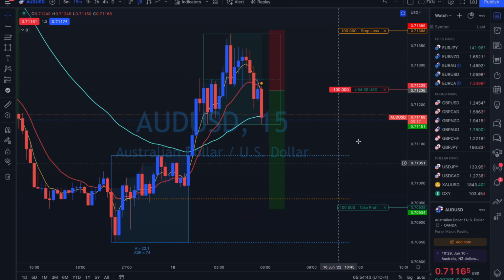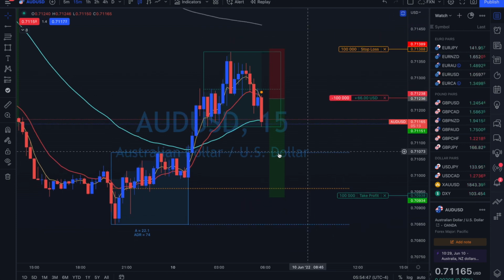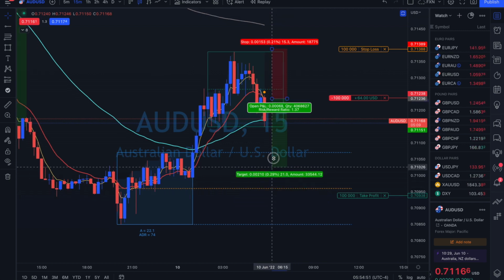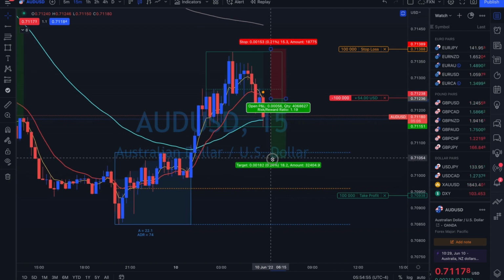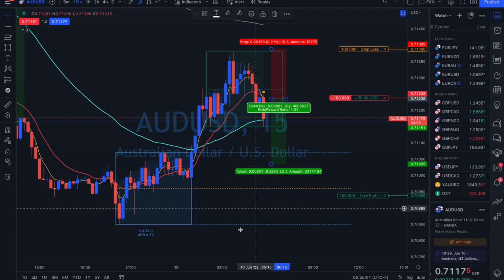So something like this. Now, what I like to do is mark off where I see 20 pips profit from my entry. So somewhere around right here is 20 pips.